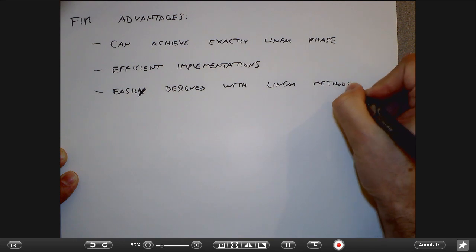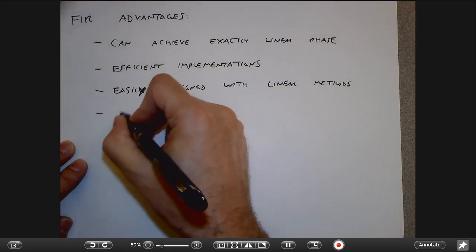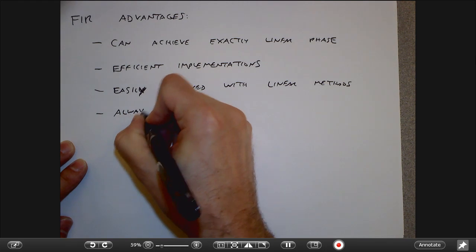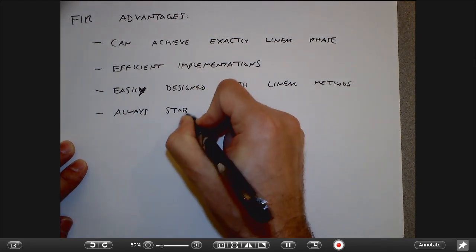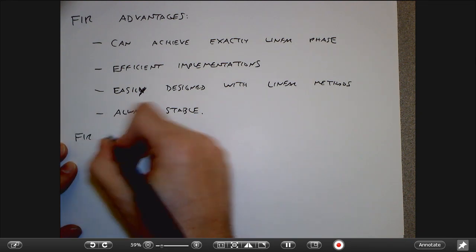Both the method we talked about today, the Remez exchange algorithm, is fundamentally solving a bunch of linear systems, and the least squares method from Monday is also solving different kinds of linear systems, right? So it's easy to design these kinds of filters, and it turns out these filters are always stable because there are no poles.